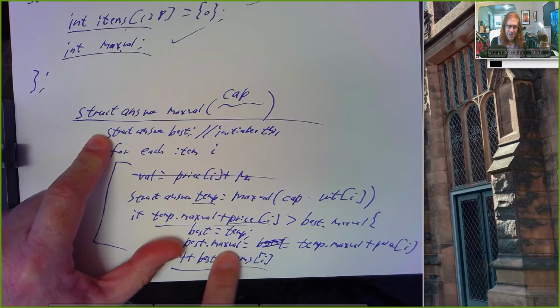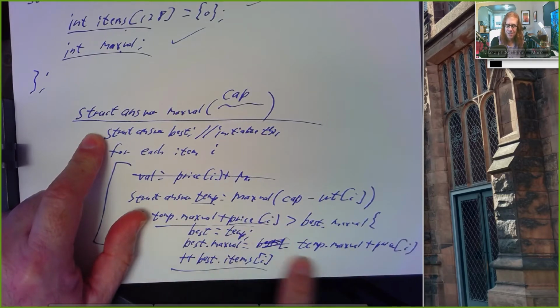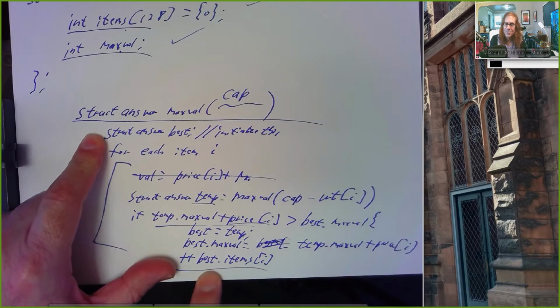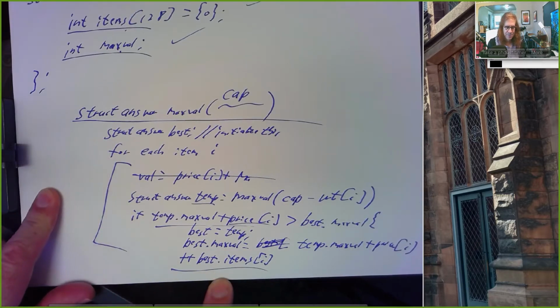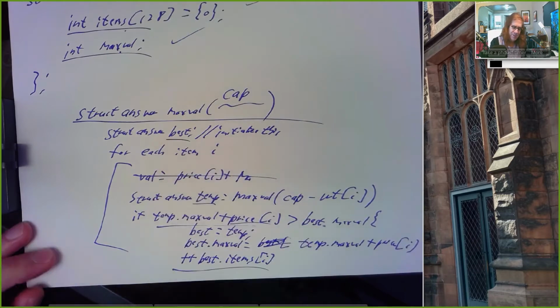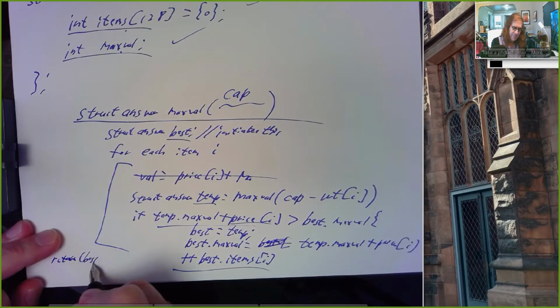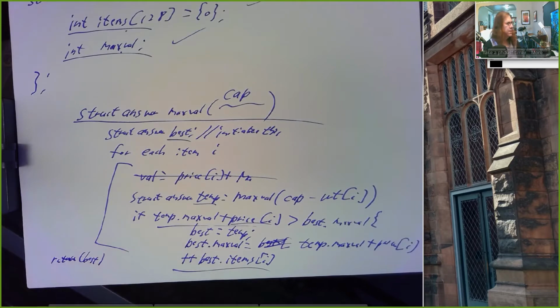Set the maxval in that best structure equal to, you know, the temp maxval plus the price, and then increment the count of item I in that best inventory. So that's incrementing that thing that we were doing on paper. And when you're done with all of this, best will be your final best answer, and just return that. And that should get you.